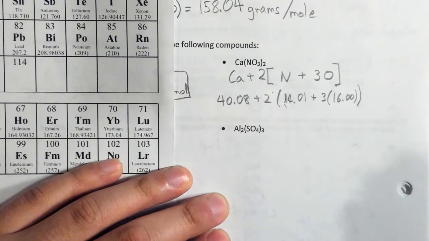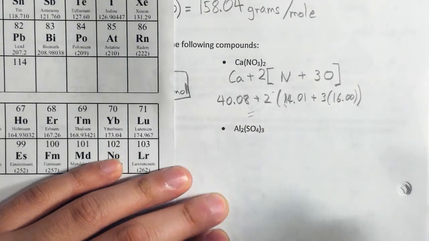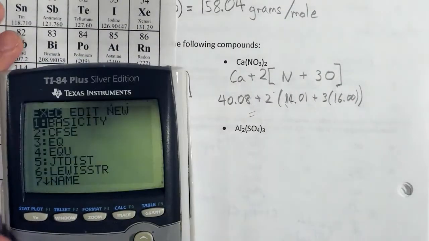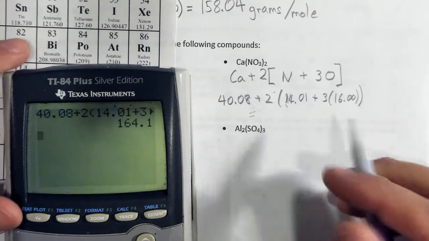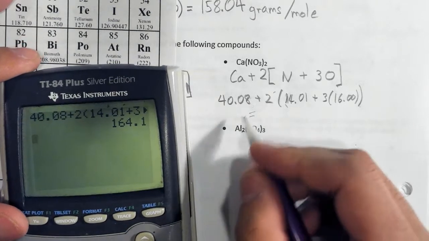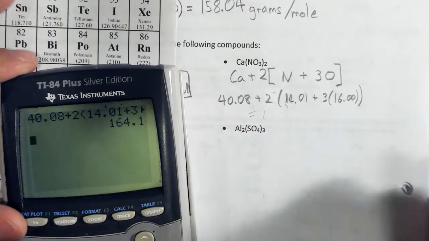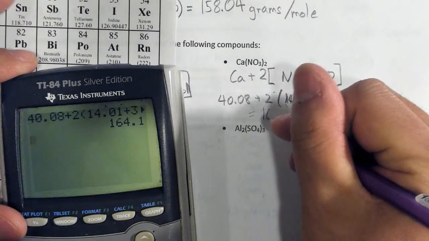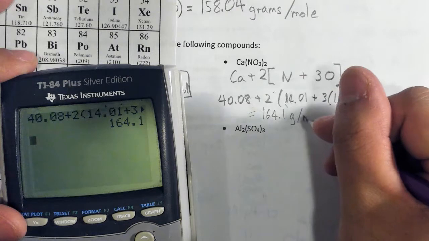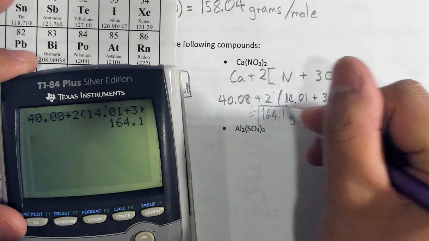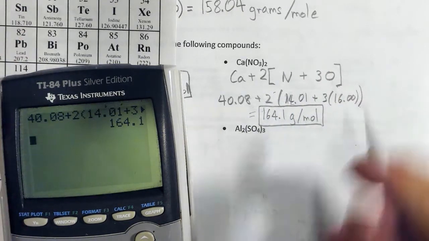Okay, so if I calculate that, I would get 40.08 plus 2 times 14.01 plus 3 times 16. Okay, don't forget there's 2 parentheses within here when you plug it in. So that's 164.1 gram per mole. Okay, that's basically it. That's basically what you're doing.